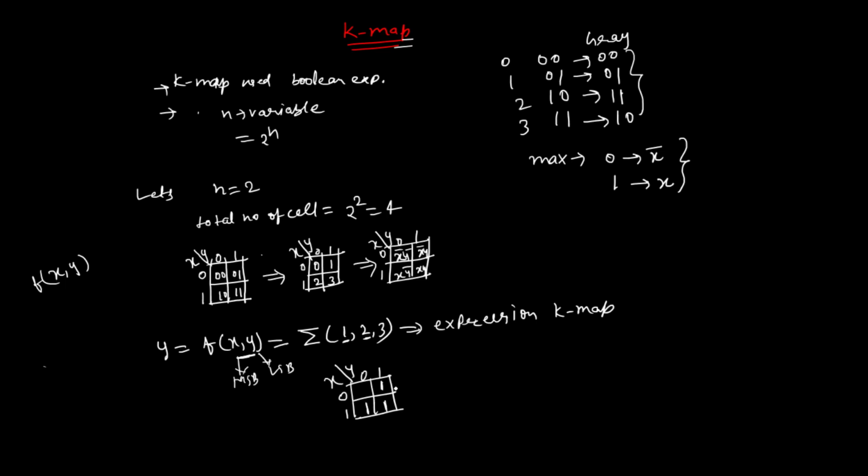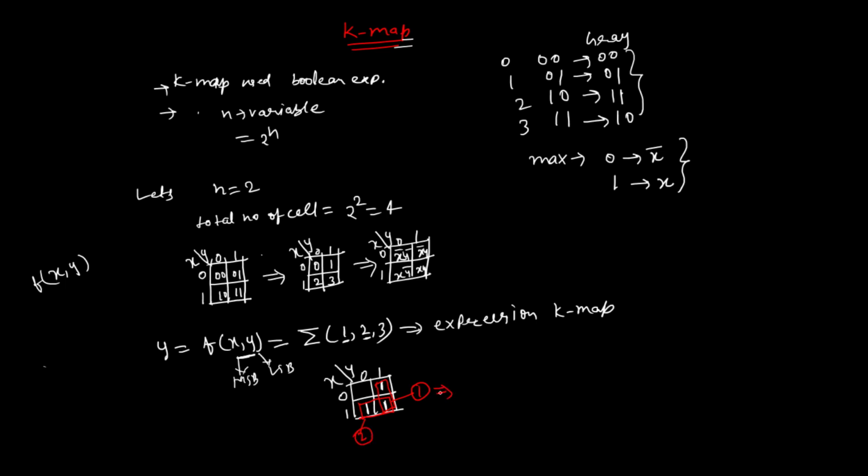Now what you have to do for minimizing the expression, you have to combine the ones in square form, like I will show you. So this one and this one can be combined as one part, and this one and this one can be combined as another part.